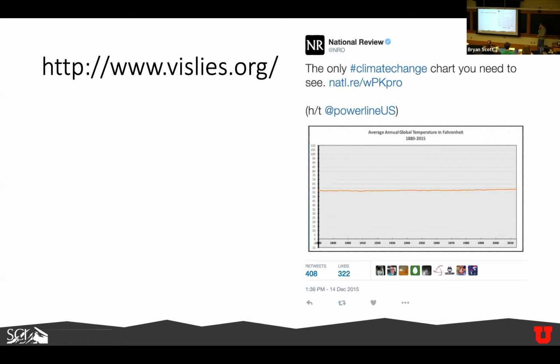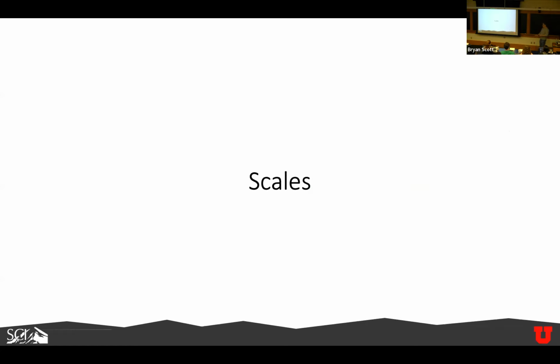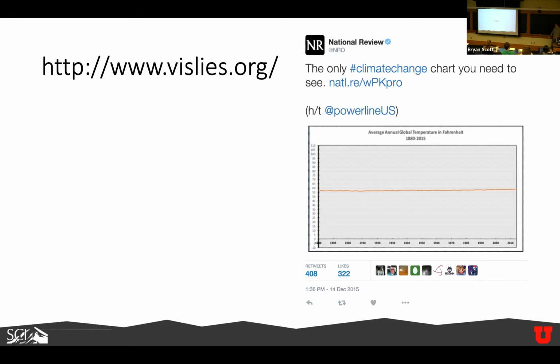Scales on charts are a really common place where things are problematic. I'm going to give you some examples of places where scales have been messed with to send a certain message. This is the only climate change chart you'll ever need to see. Does anyone know what's wrong with this? The scale's a mess, right?